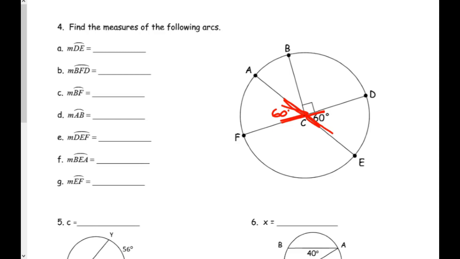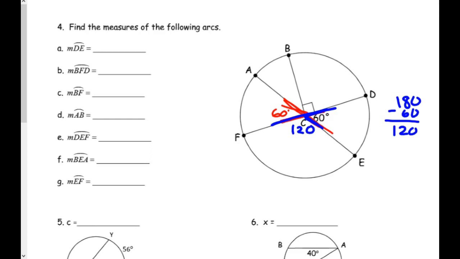If this is a straight line, and over here this is 60, then I have a linear pair that are supplementary for this angle FCE. I think of doing 180 minus 60, and I get 120. I'm going to fill that in for FCE right here.